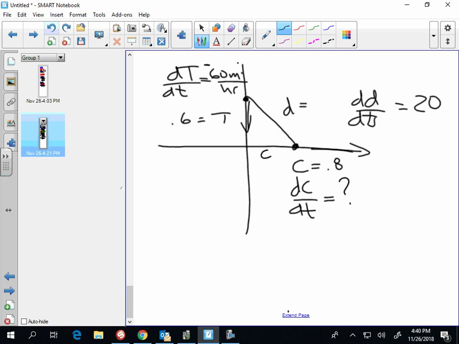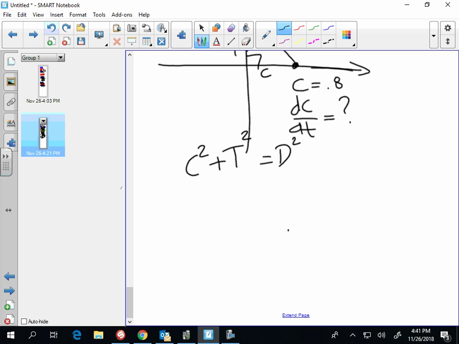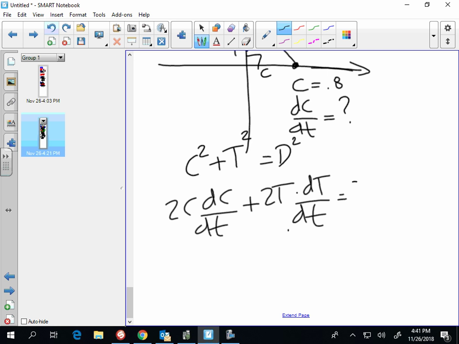Whoa, I've got a c, I've got a t, I've got a d. Luckily, I already see a relationship between these three variables, the Pythagorean theorem. So we know that c squared plus t squared equals d squared. And if I take the derivative with respect to time everywhere, I'm going to have 2c dc/dt plus 2t dt/dt equals 2d dd/dt.